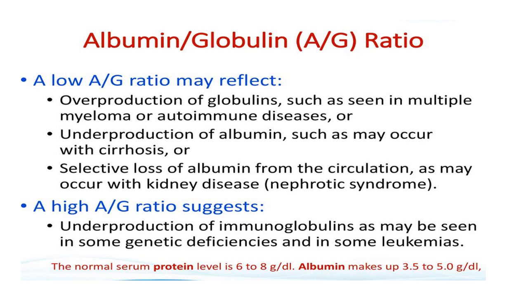Or other proteins are also less, then it is cirrhosis. If the prothrombin time is prolonged, then also it is cirrhosis. But if there is a selective loss of albumin, it could be due to kidney disease. The other way around, the albumin becomes more and the globulin is less. Underproduction of immunoglobulins could give a high AG ratio.